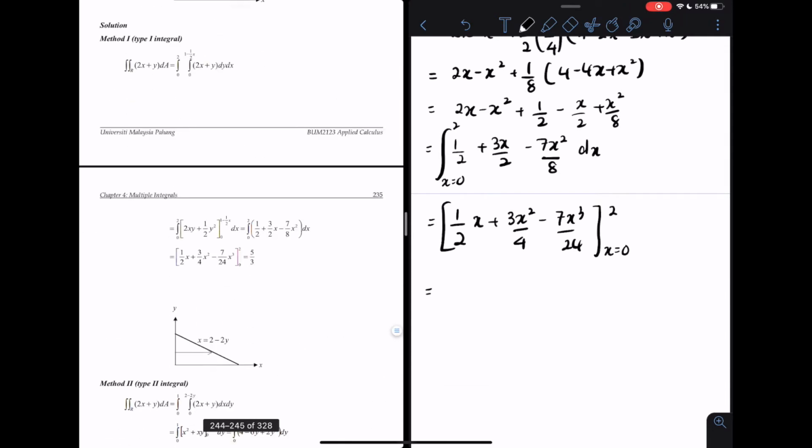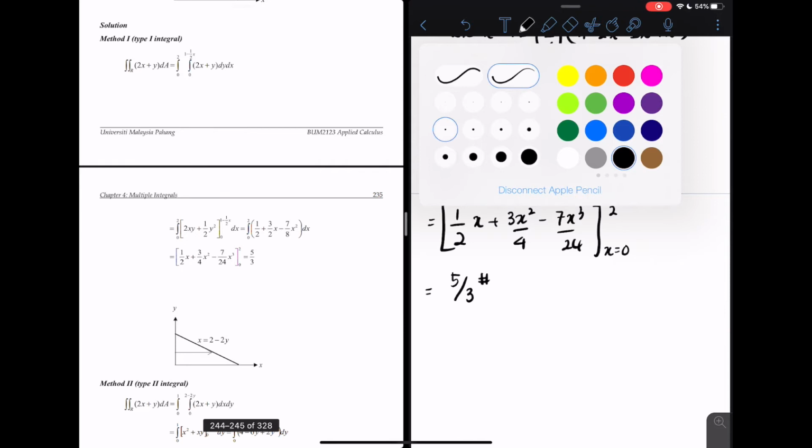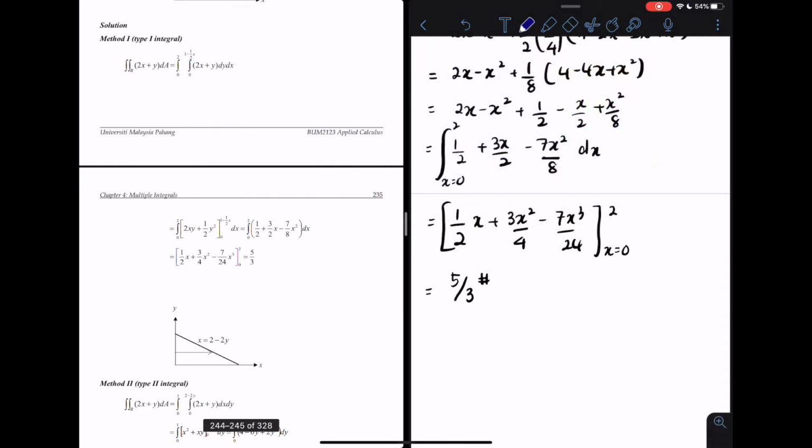Therefore, I will get exactly the answer in the module, which is 5 over 3. And as I have mentioned earlier, we can always solve this problem by using two methods, either by using type 1 integral or by using type 2 integral.